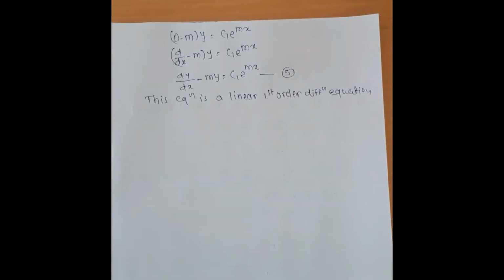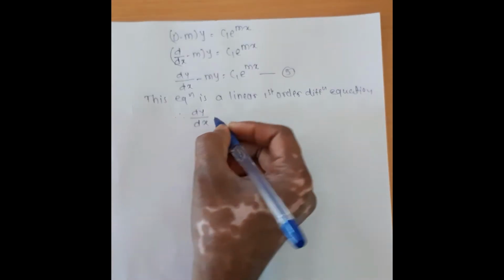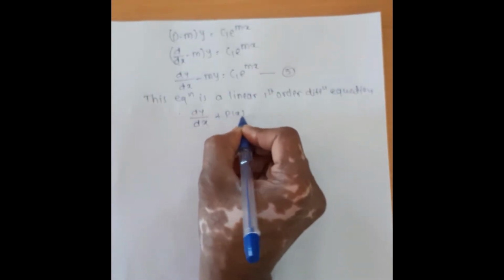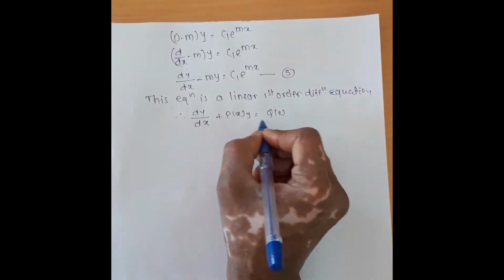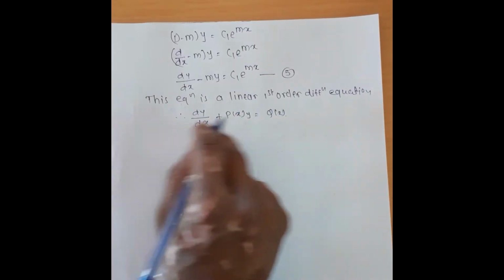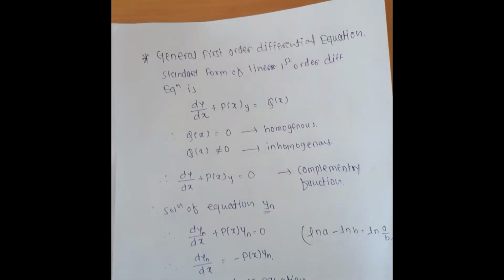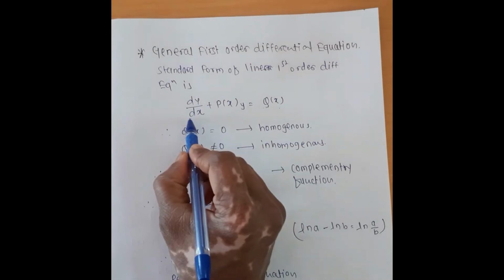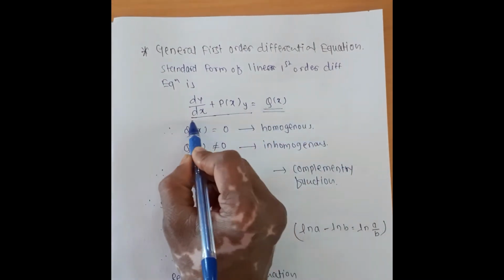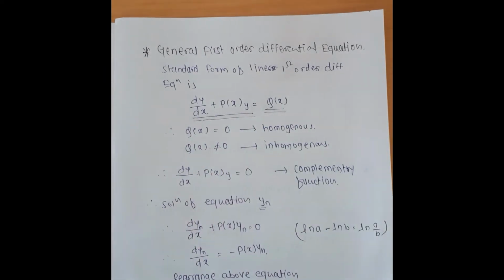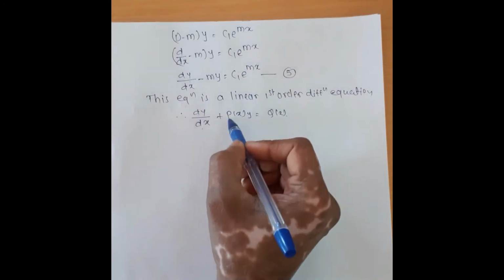The linear first order differential equation is dy by dx plus p of x into y is equal to q of x. This part was already done in the previous lecture; the video we already sent. So see, these are the equations we studied in the last 2 lectures. We use the same equations because this equation and these equations are the same.